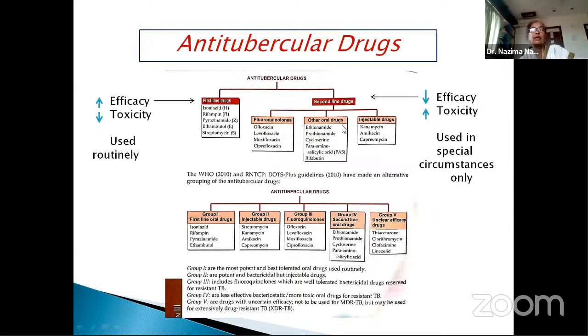Under the second-line drugs, we have fluoroquinolones like ofloxacin, levofloxacin, moxifloxacin, ciprofloxacin. Then there are the other oral drugs like ethionamide, cycloserine, para-aminosalicylic acid or PAS, and rifabutin. Then there are the injectable drugs like kanamycin, amikacin, capreomycin.